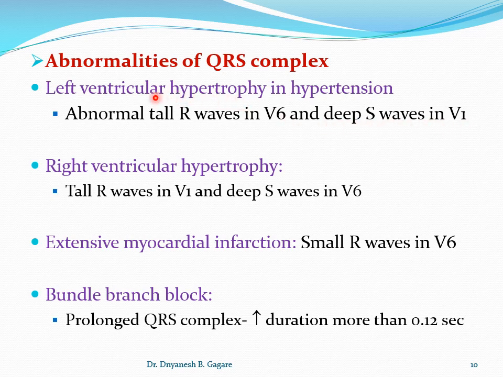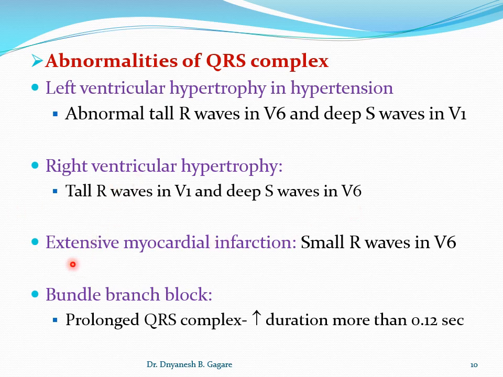Whenever there is an increase in the mass of the left ventricle due to hypertension, the height of the R wave increases in lead V6, and the S wave is deeper, more negative, in V1. In the second example, in right ventricular hypertrophy, there is a tall R wave in lead V1 while the S wave is deep in V6.